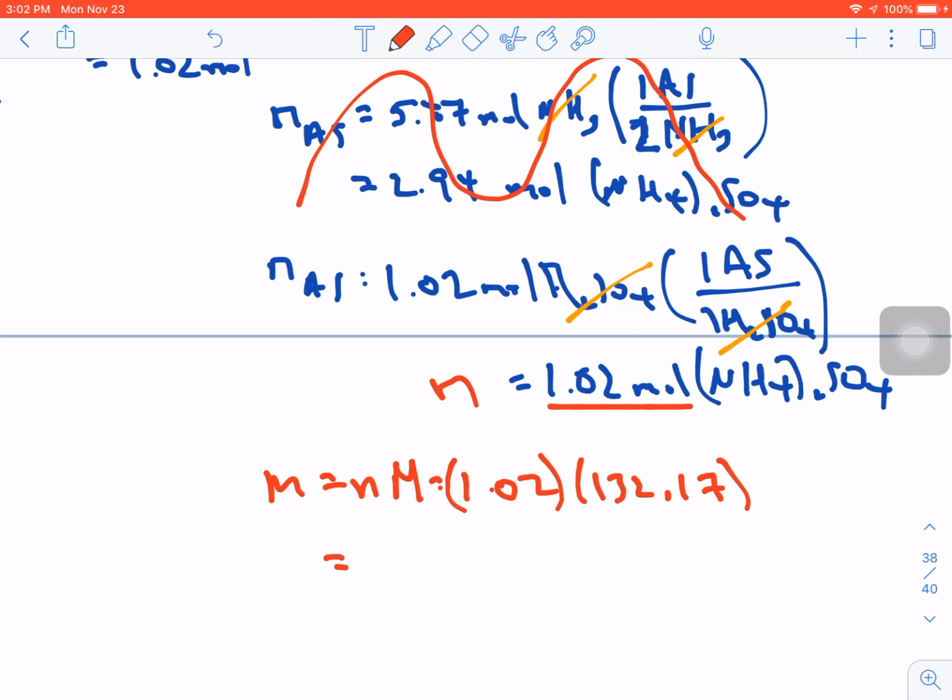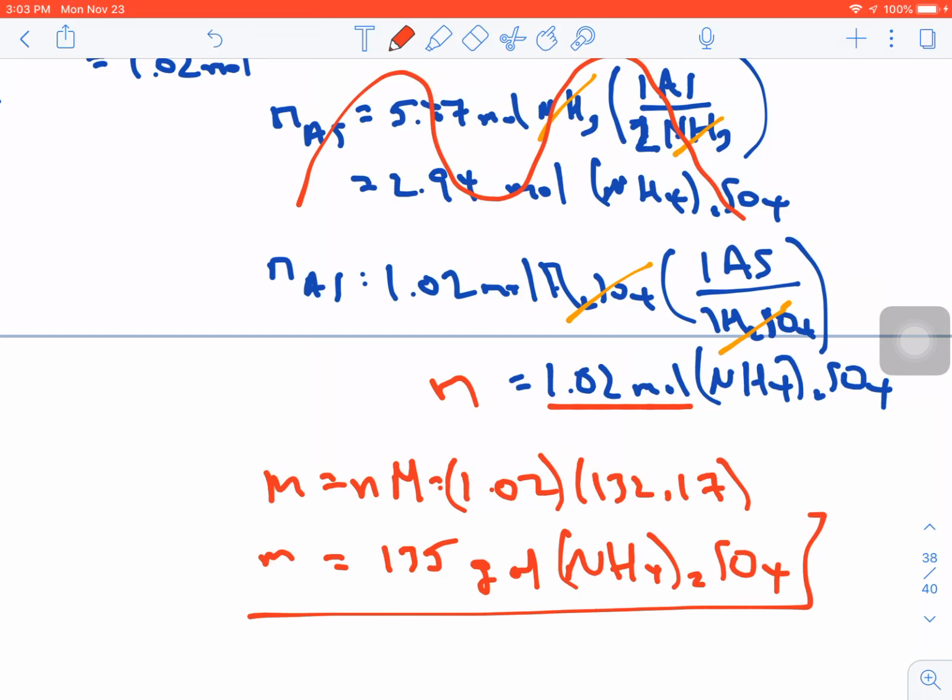And I'm getting 135 grams of (NH4)2SO4, ammonium sulfate. So notice, if I started with 100 grams of each reactant, I'm going to get 135 grams of ammonium sulfate.